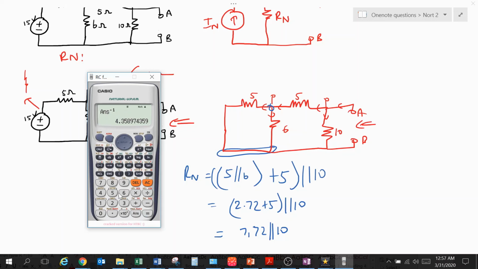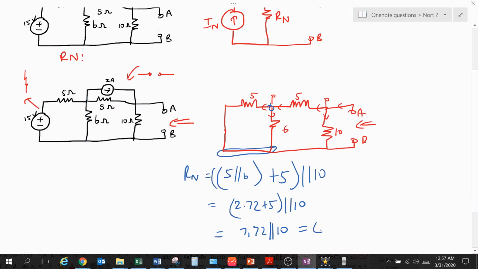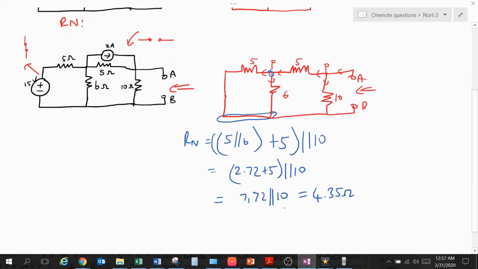We can just double check that again. 7.72 in parallel with 10 gives us a value of 4.35 ohms. Therefore, Rn is going to give me 4.35 ohms. That's the first part of this problem.